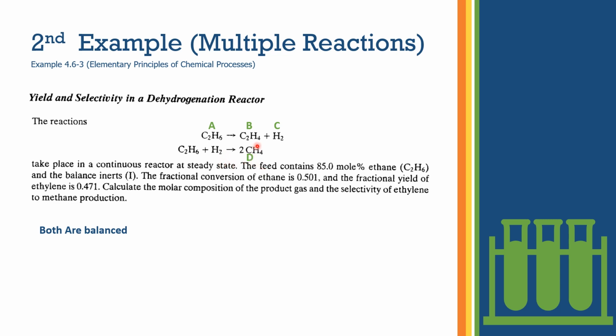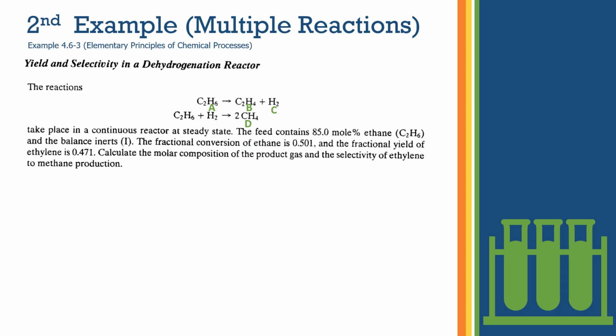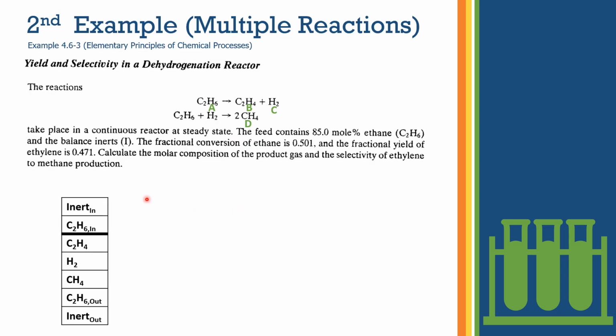For methane we put letter D because it was not in the first reaction. Now we construct our table for the feed, the inert and the reactant.